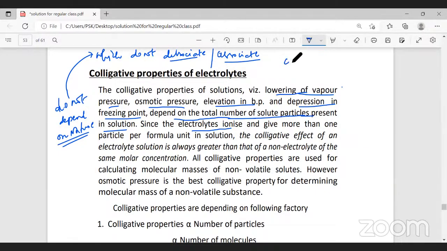For example, if I take this molecule CH3COOH, what's the name of this molecule? Sir, acetic acid. Acetic acid, very good.